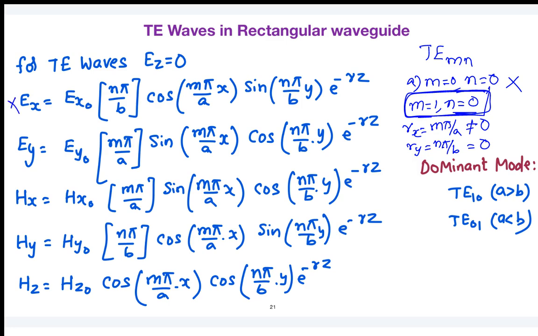The second component is going to exist. The third component is also going to exist. The fourth one is 0 because n is equal to 0, and the fifth one is 0. So you can see at least one electric field is existing, and of course more than one magnetic field component is also existing. So I can call that a dominant mode, technically speaking. Am I right?